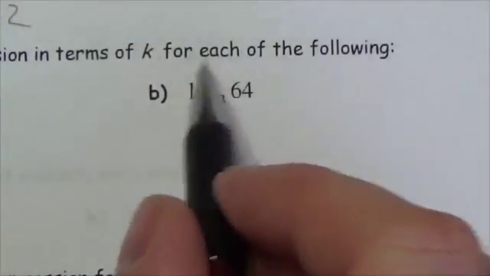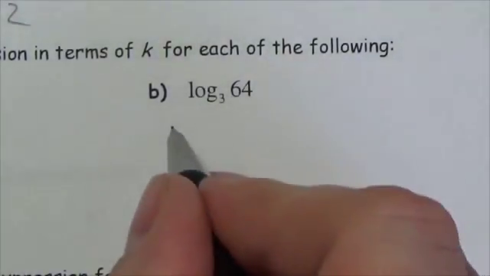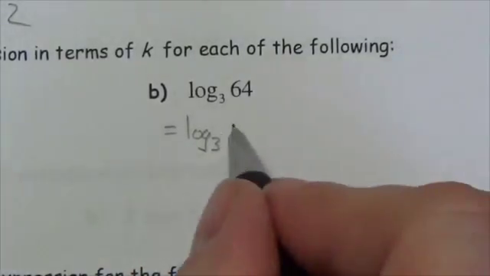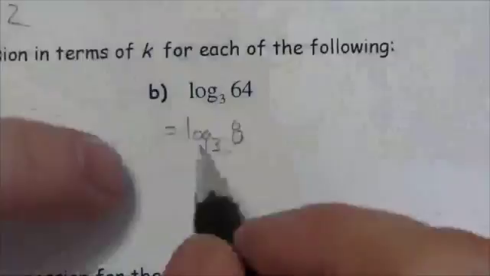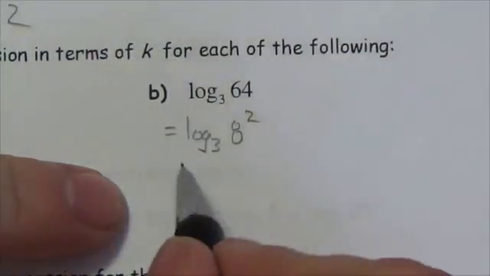The log base 3 of 64. All right, now in this case here, to accomplish the same goal, I got to look at this number here and realize that 64, although that's not the argument I want, 8 here. That's easy enough to compare those two, because 64 is just 8 squared.